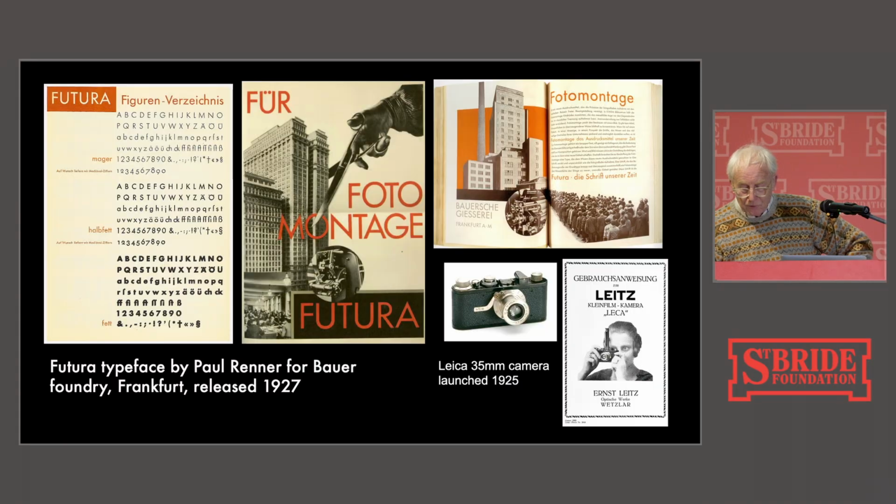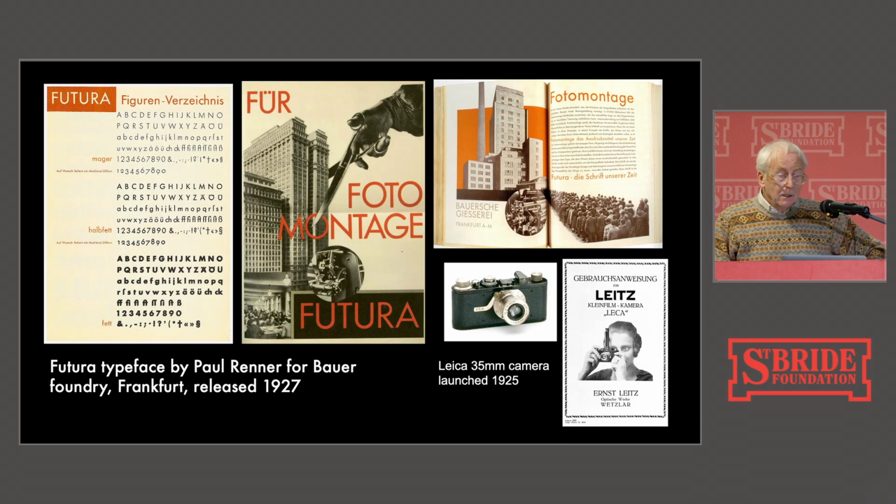Now, to meet this rising demand, several foundries were already commissioning new sans serifs for both display and reading faces, the most famous being Erbar, which was released in 1926, closely followed by Paul Renner's Futura, produced by the Bauer Foundry in 1927.